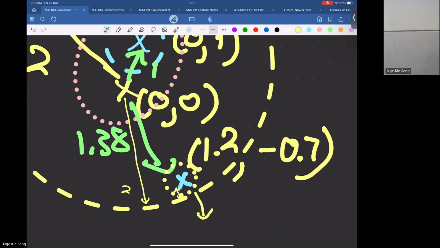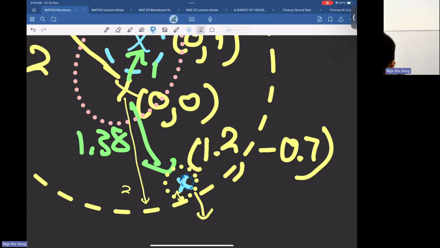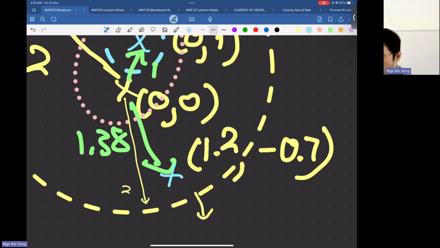就好，最大的那一个肯定就是2减1.38，就是这段距离了。If you use 2 minus 1.38 这段距离，so let me move it more precise a bit。这样，let's say 这个是你的点，so what do you use?